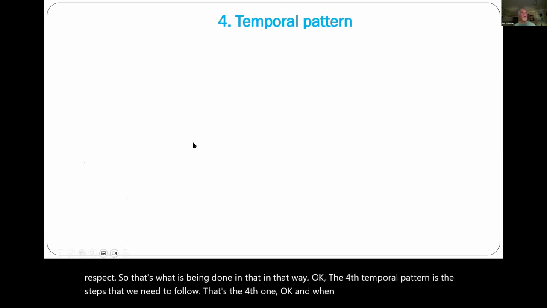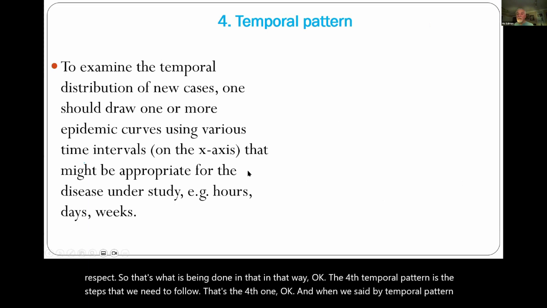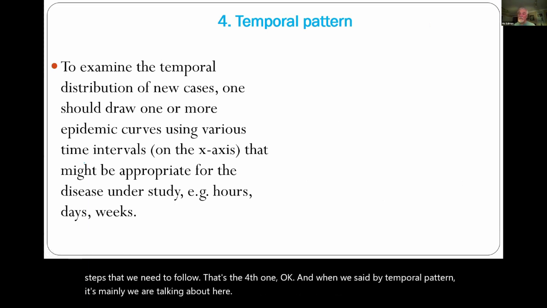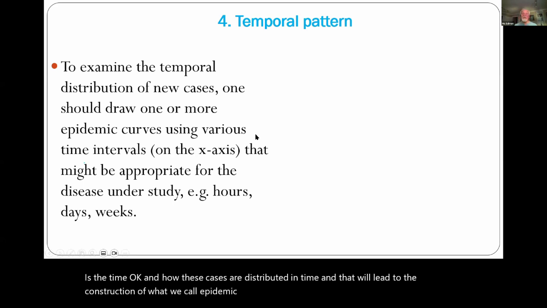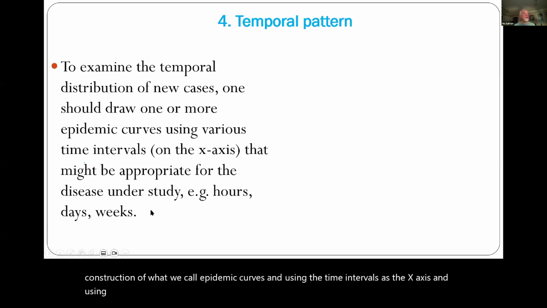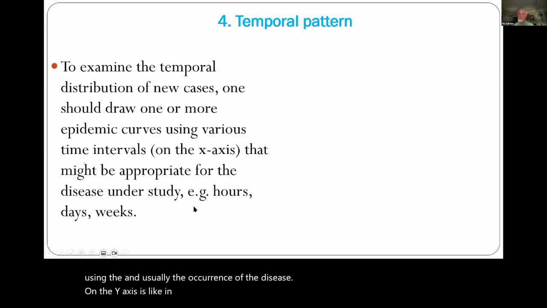When we say temporal pattern, mainly we are talking about time, and how these cases are distributed in time, and that will lead to the construction of what we call epidemic curves, using the time intervals as the x-axis and usually the occurrence of the disease on the y-axis, which in this situation is the number of new cases.